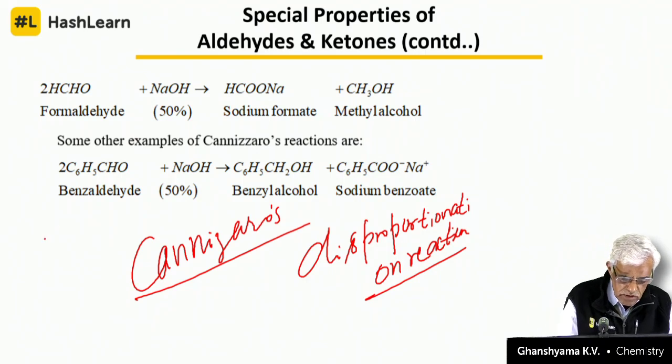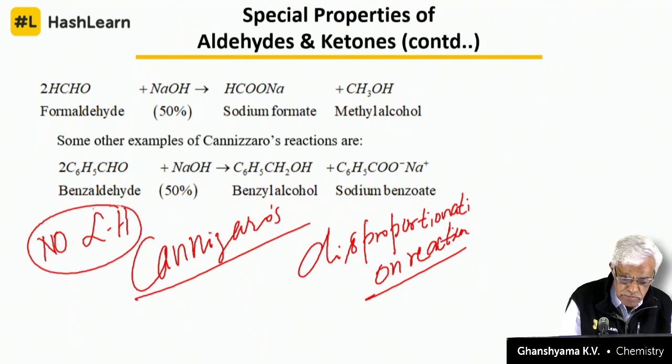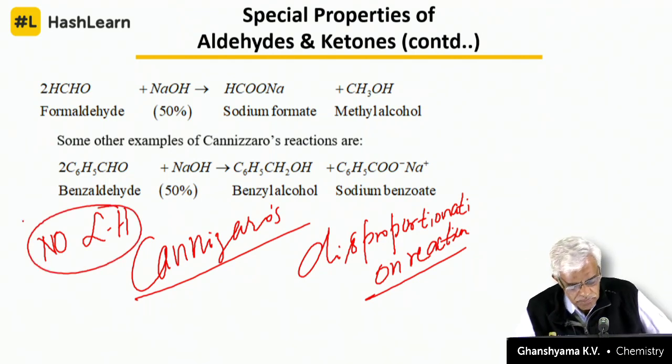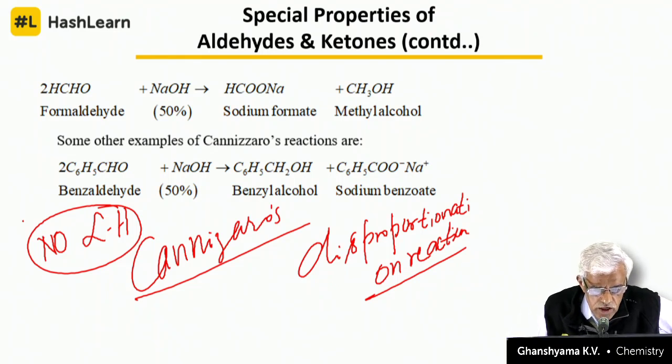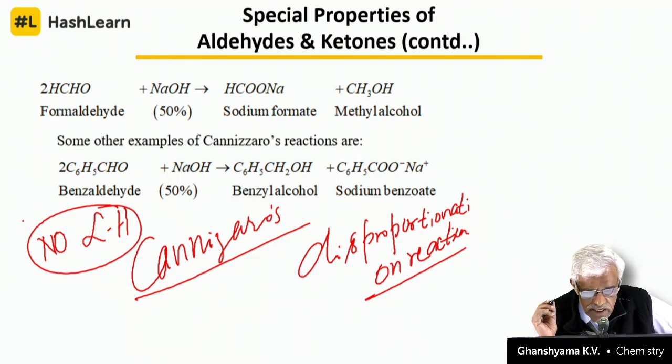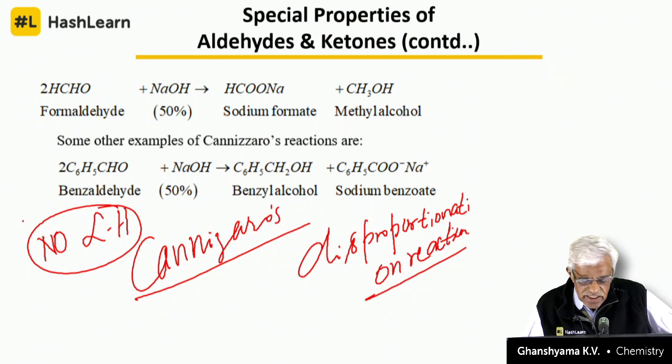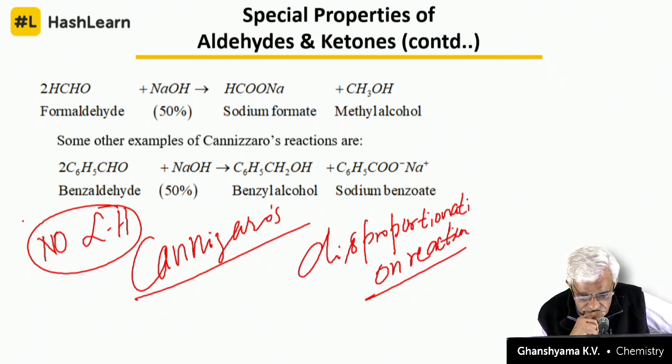This will take place where the aldehyde has no alpha hydrogen atom or no alpha carbon atom. In Claisen ester condensation, a keto ester is formed, that is different. Claisen ester condensation is different from this. This is just Claisen-Schmidt reaction. Claisen ester condensation is there.